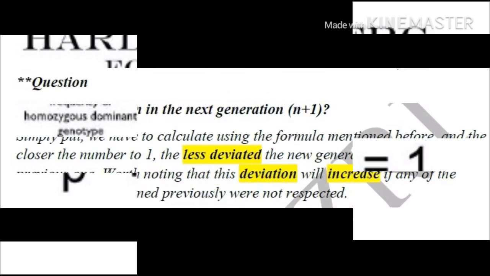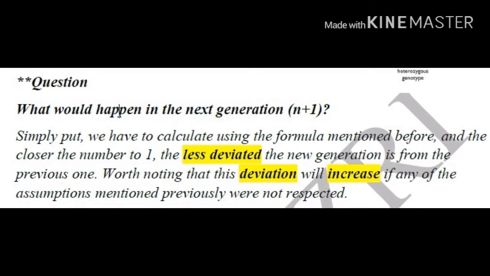Now, this question can be raised: what is going to happen in the next generation, and how does the Hardy-Weinberg Law help us? Essentially, we have to calculate using the formula mentioned before, and the closer the number is to 1, the less deviated the new generation is from the previous one. So, generally speaking, if the population is respecting the conditions that we mentioned before, the number is going to be extremely close to 1, almost by fractions.